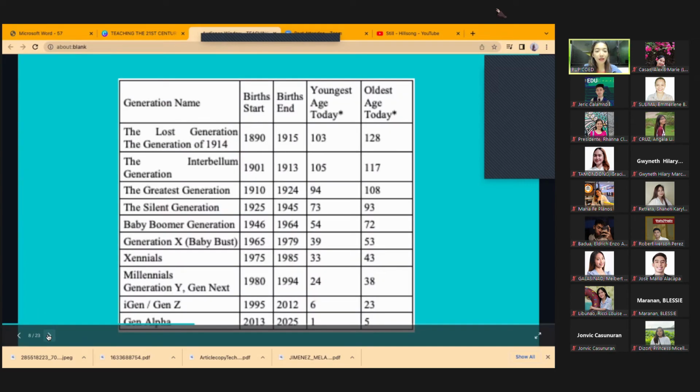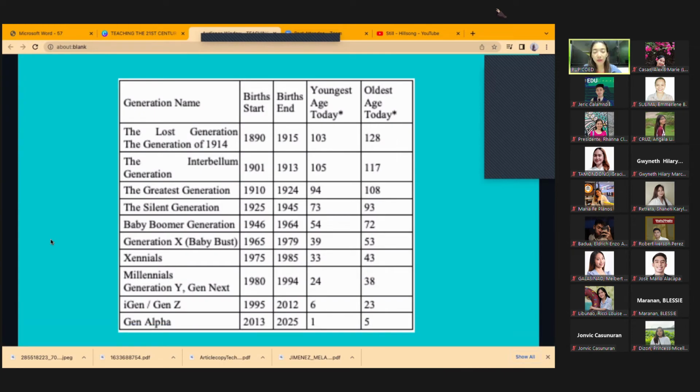Okay. I know that you're familiar with these generations, but we would start with the baby boomer generation. So, ang mga baby boomer ngayon, oldest age today, 72. So, perhaps sila yung parents ninyo or lolo and lola ninyo.